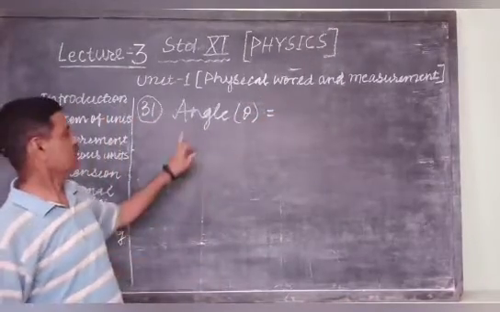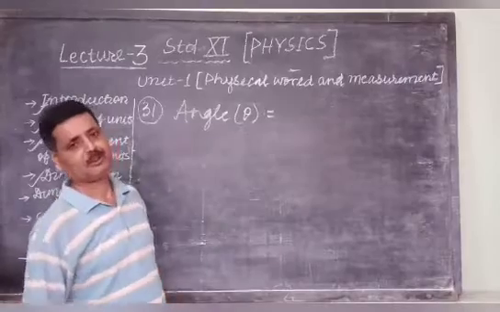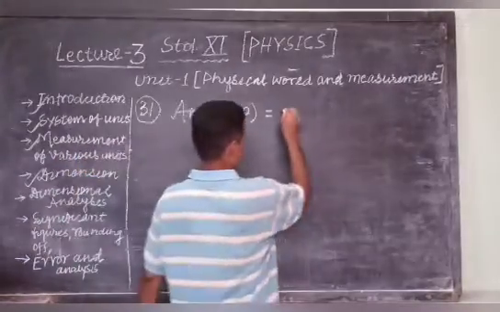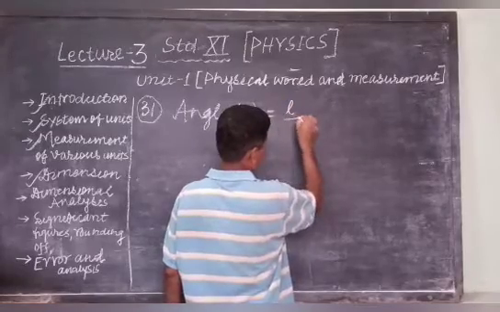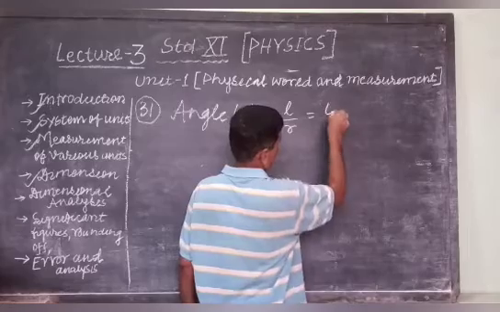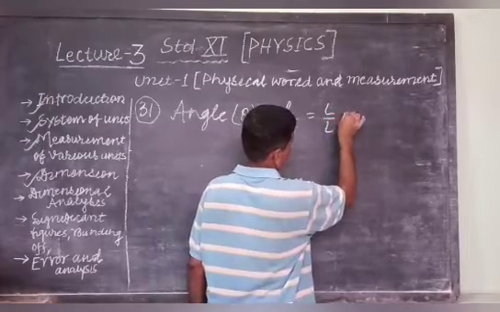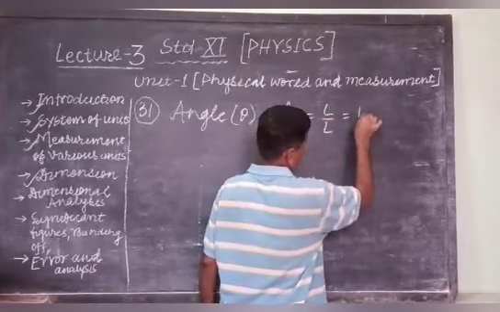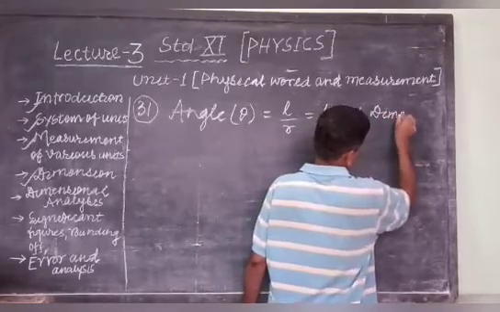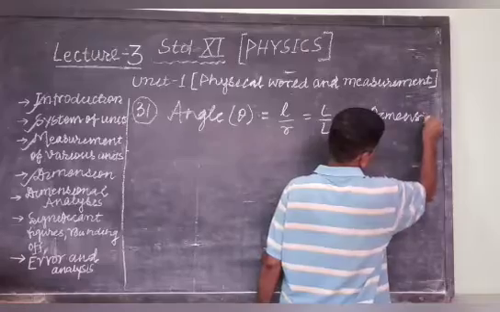You have studied at school level theta is equal to L by R. The formula is length of the arc by radius. Length of the arc L and radius is also L. It is 1. So we can say it is dimensionless.